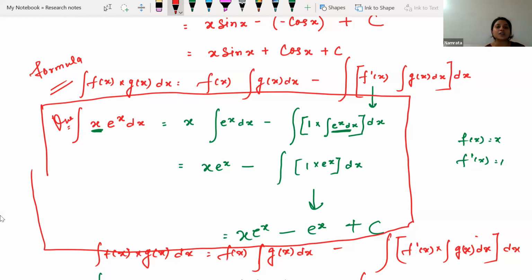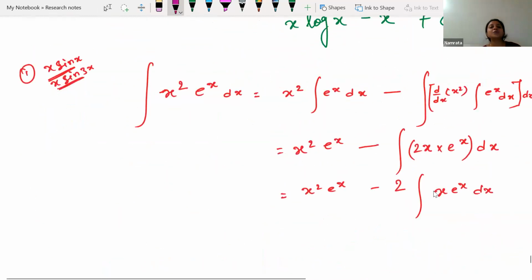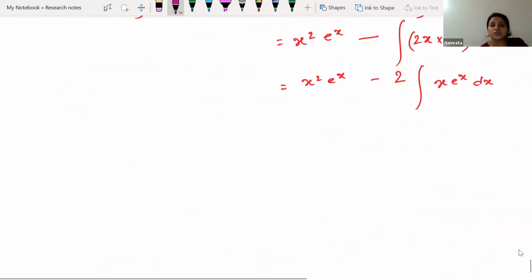Parts. Let's do it again. So while doing integration by parts, again we came into a loop, that one function came out in such a way that again there also we have to apply integration by parts. Okay, so let's do it, no worries.